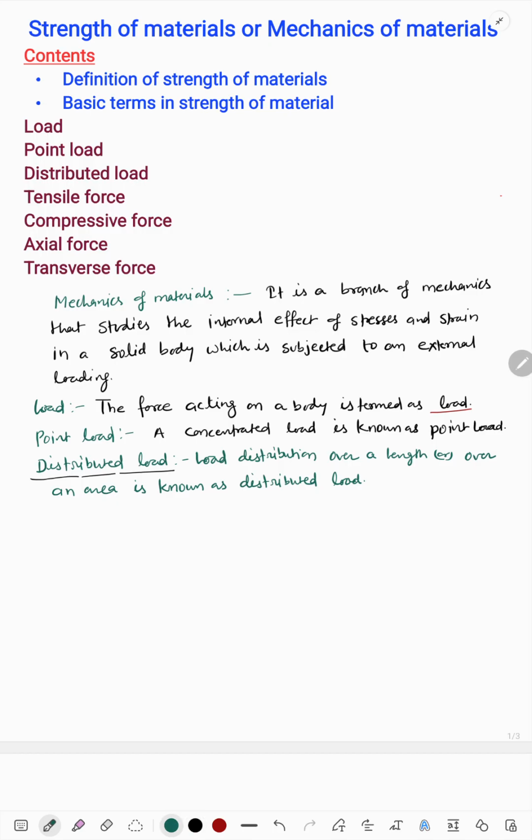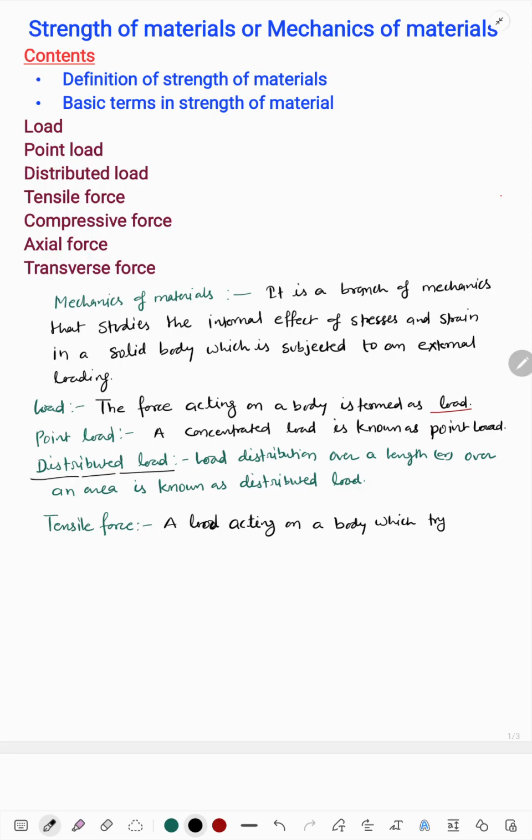Next, dealing with force, first we take the tensile force. How is it defined? A load acting on a body, that is a solid body, which tries to pull it apart.